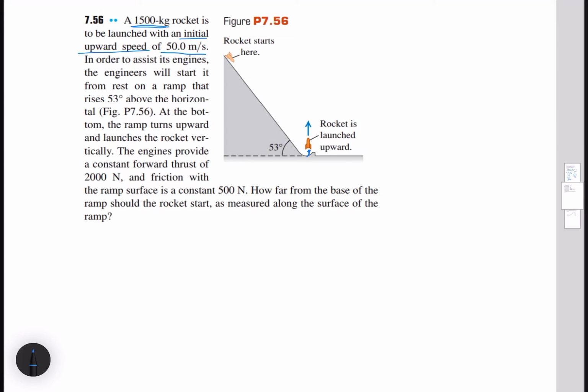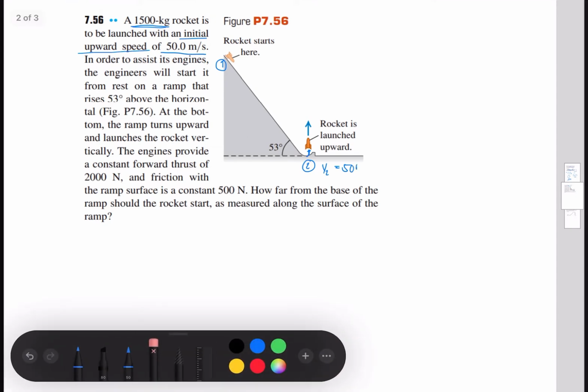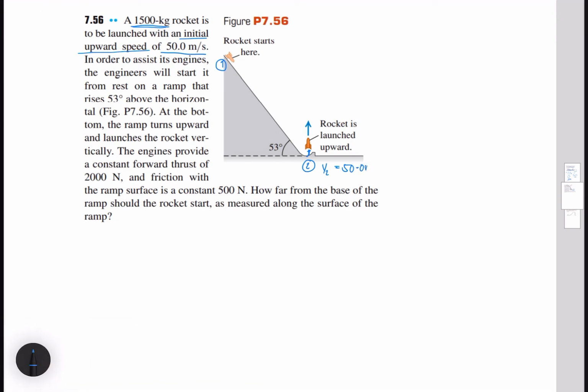So let's identify our before and after, or point 1 and point 2. Here is our point 1, and this is point 2. Meaning at point 2, right before it launches upward, the speed there, let's have V2, is equal to 50 meters per second.